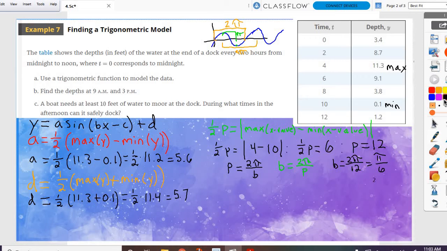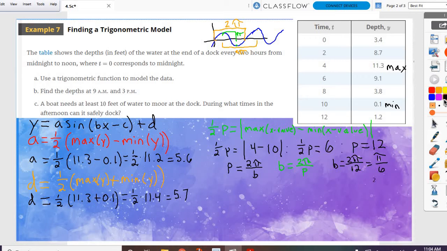So remember, our c value is how far, either left or right, that we've shifted. But remember that it's not just our c value that we've shifted left or right. It also depends upon our b value. Because in order to find how far we've shifted over, we have to take our c value and divide by b.